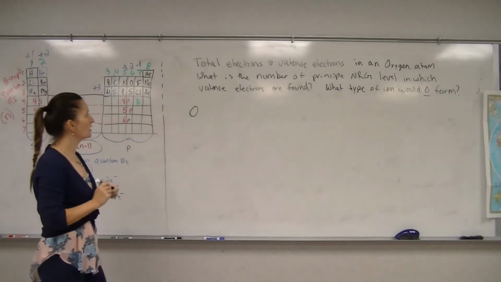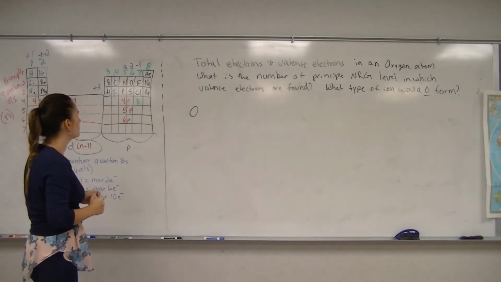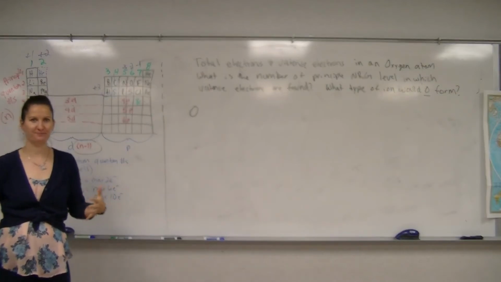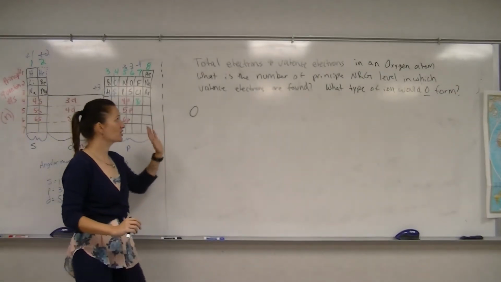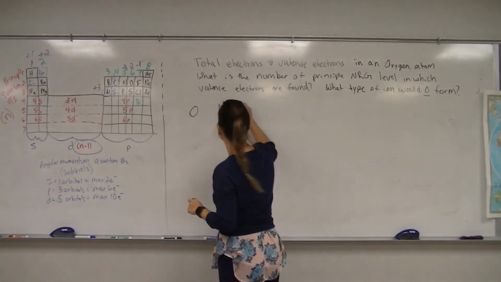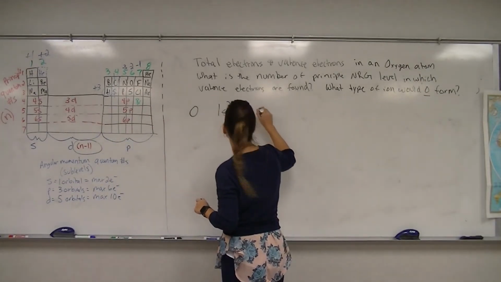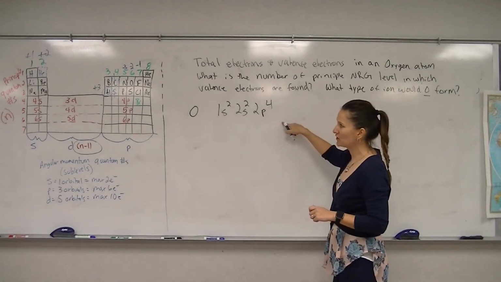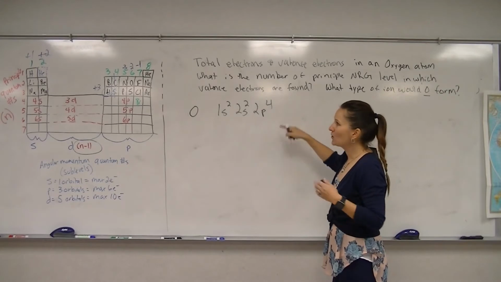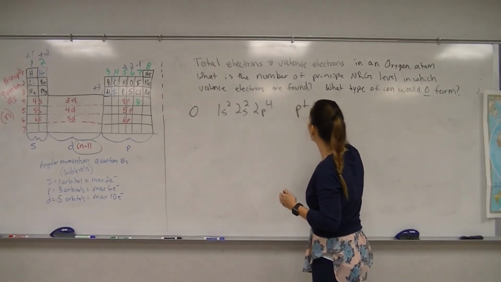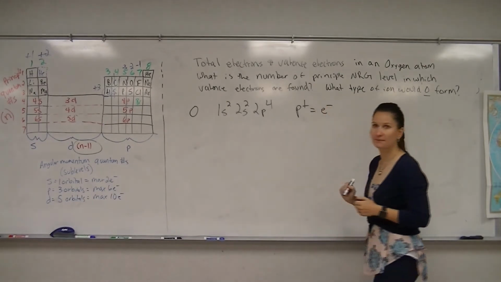So how many total electrons? When we're looking at total electrons, that's that entire electron configuration. Okay, so we actually don't need to write the electron configuration of oxygen to figure that out. We don't need to look that up because if we know it's neutral, our protons are going to equal our electrons.